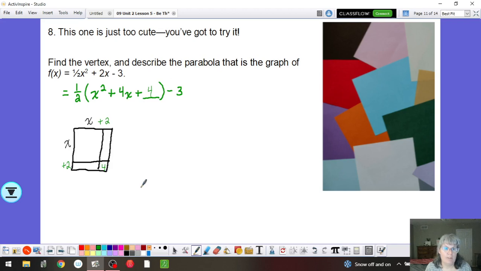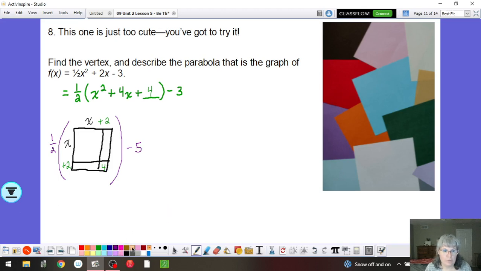So if we wanted to get a -3, I'm still taking all of this by 1/2. And 1/2 of 4 is 2. What would I do to 2 to get this -3? I would subtract 5.